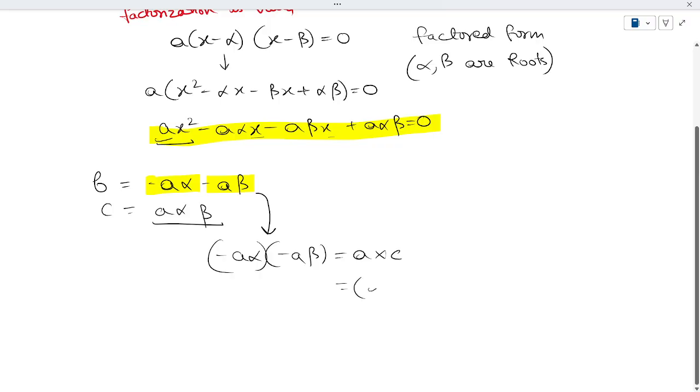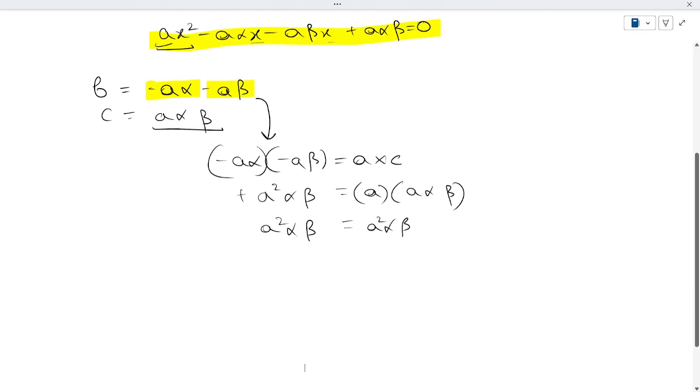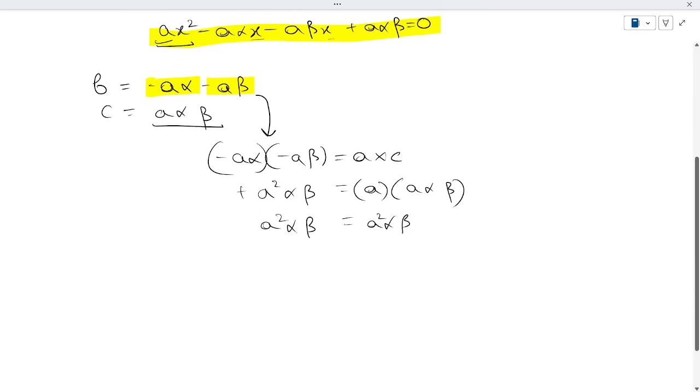If you multiply a and c, you get a square alpha beta, and here also we get a square alpha beta. So from here we can say that factorization will happen here, right? So b breaks into two parts, and the multiplication of those two parts gives you a into c. This is the product term.